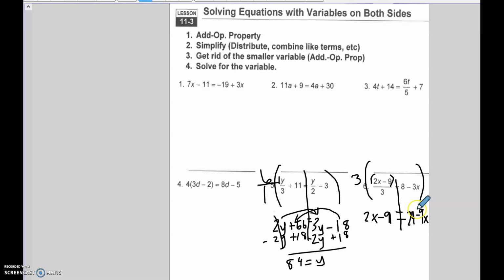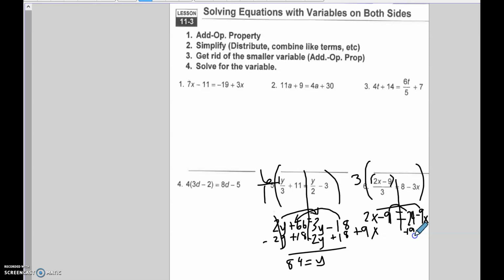Okay, so I'm going to move my variables over to the left and my constants over to the right. All right, so this would become plus 9x plus 9x, and this would become plus 9.